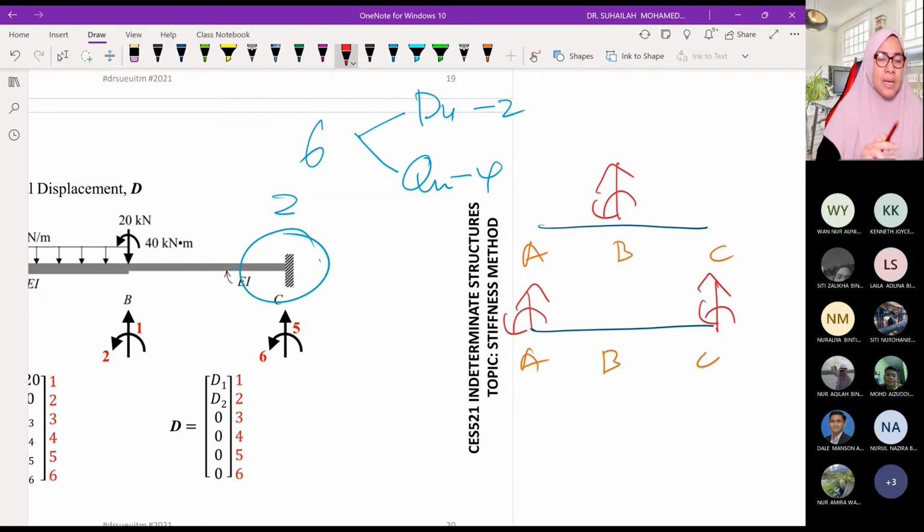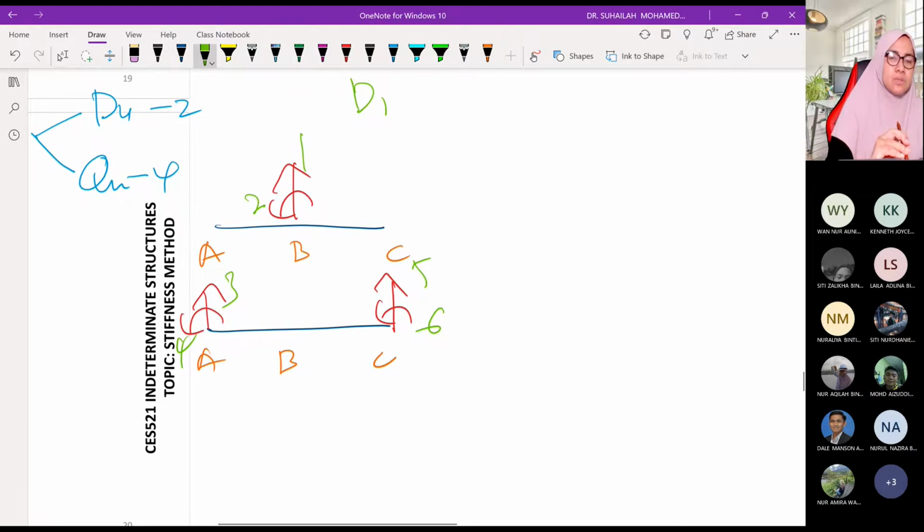So, label 1, 2, 3, 4, 5, 6. Now we know. If D is at position 1, D in terms of displacement at position 1 means D1. So what is D1?